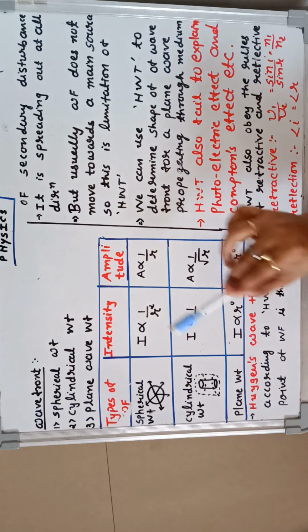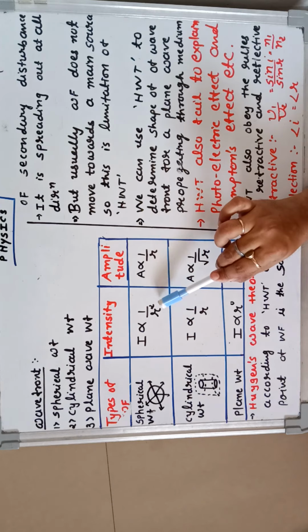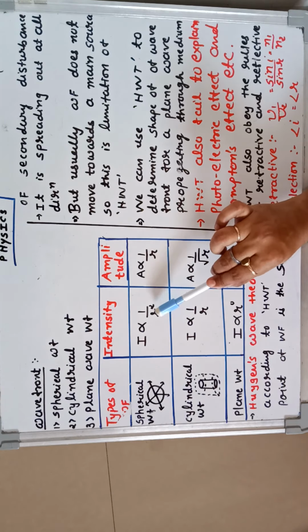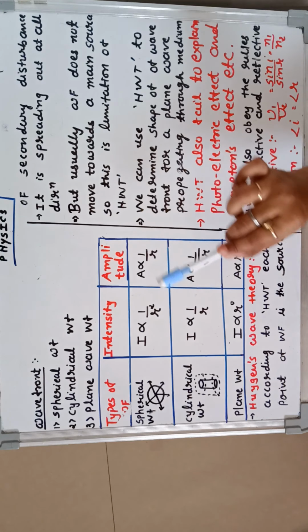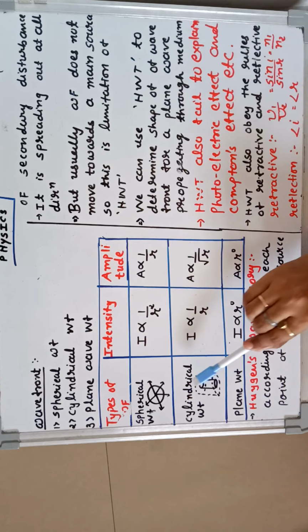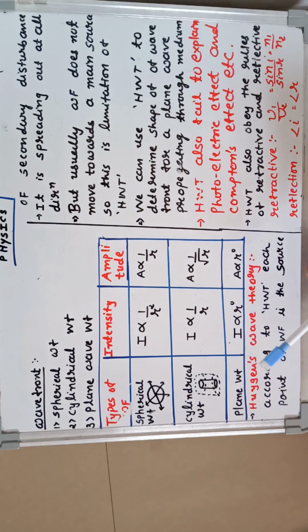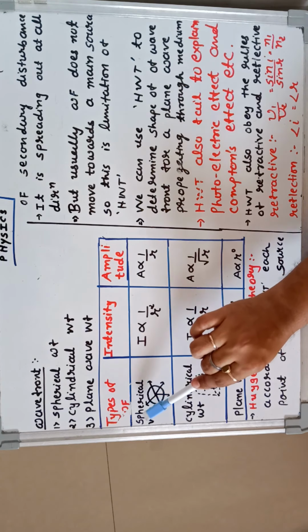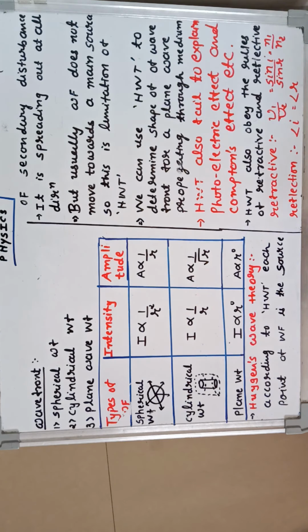It means the intensity is inversely proportional to the square of r, and amplitude is inversely proportional to r. The source of the spherical wavefront is a point source.